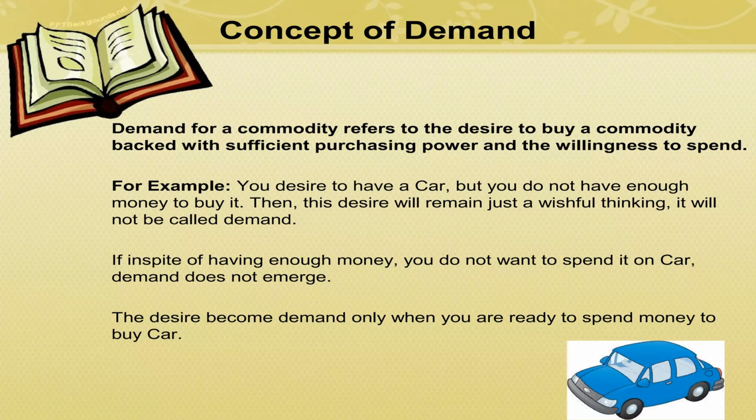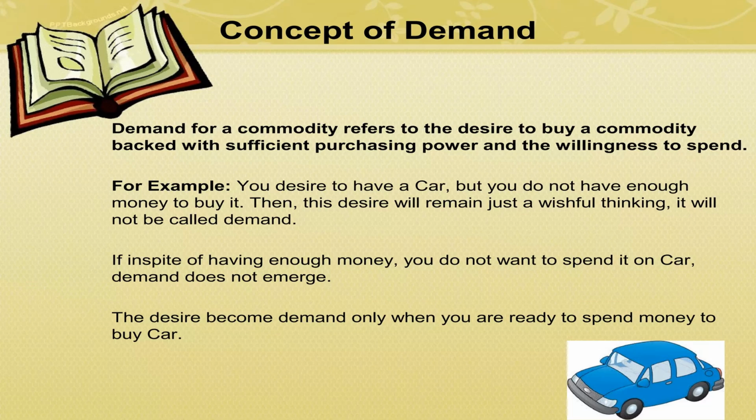For example, suppose you want to buy a car but you do not have enough money to buy it, then the desire will remain just a wish. It is not called demand. We call it demand when we desire to have a car and also have the money to purchase it.